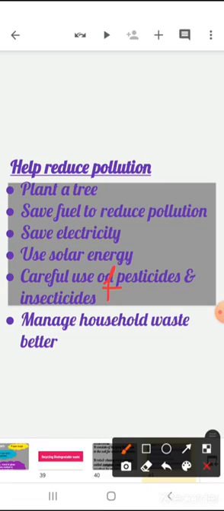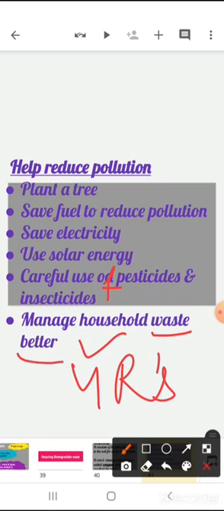Now next, manage household waste. We have to manage our household waste. How? Like we have studied the 4 R's. We can reuse the things which can easily be used. We can refuse the use. We can reduce the things which create garbage.